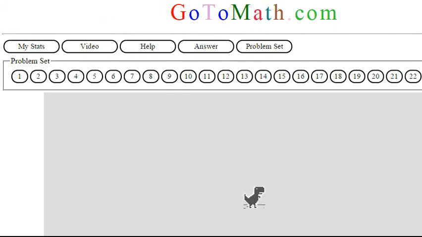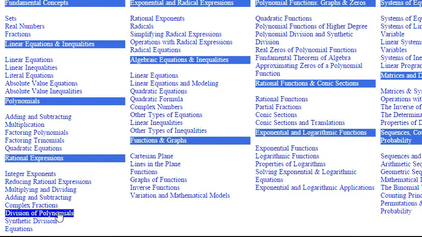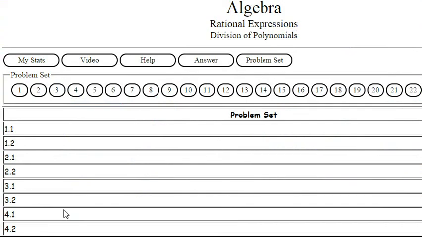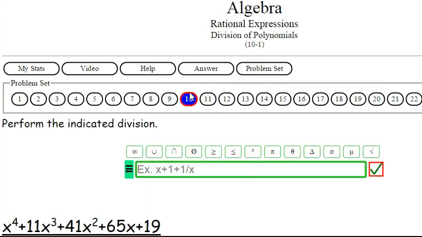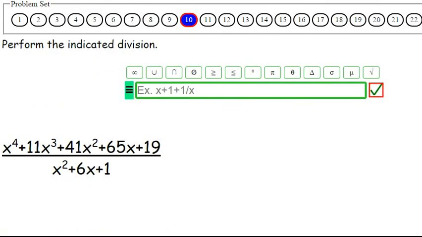Alright, we're going to go to math. Of course you know that probably by now. Division of polynomials is what we're working on, and it looks like 10.1. Whoa, what is all that?